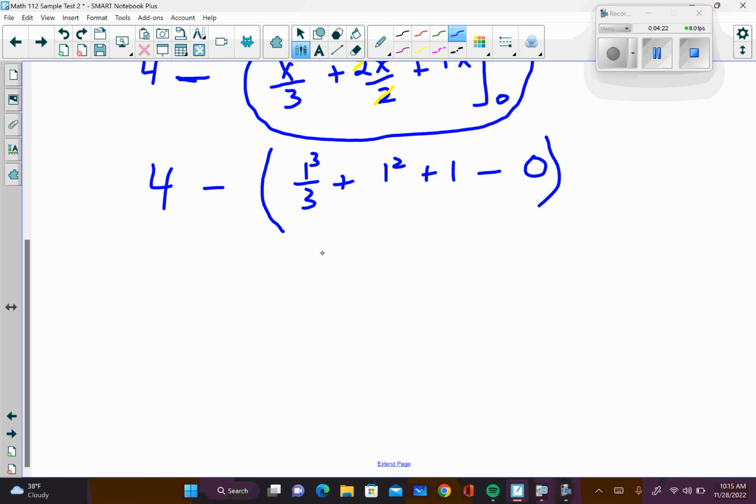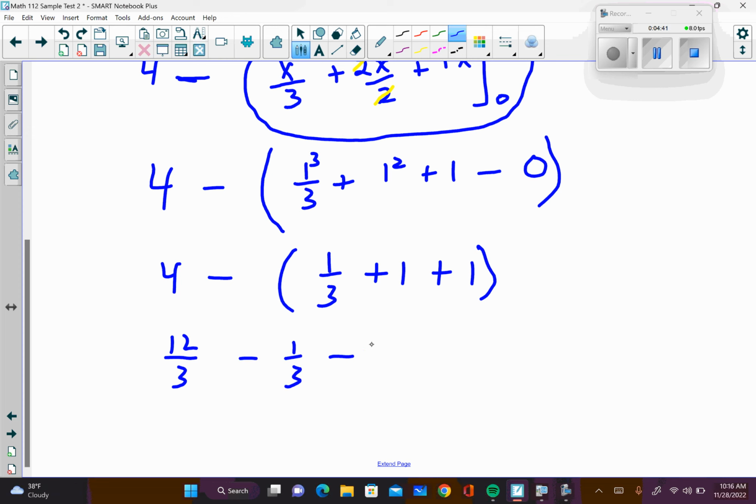One to the third over 3 is 1/3, plus 1 plus 1. I'm going to change 4 to something over 3. 4 is 12/3. Then we have minus 1/3 minus 1, which is 3/3, minus another 1.